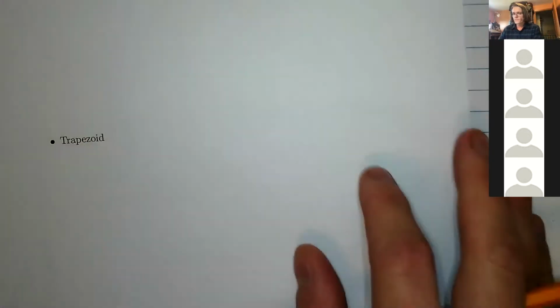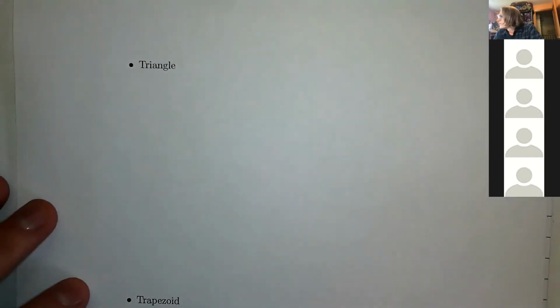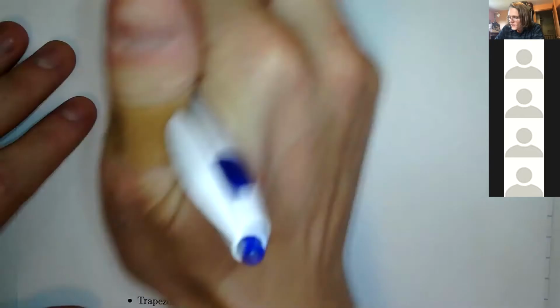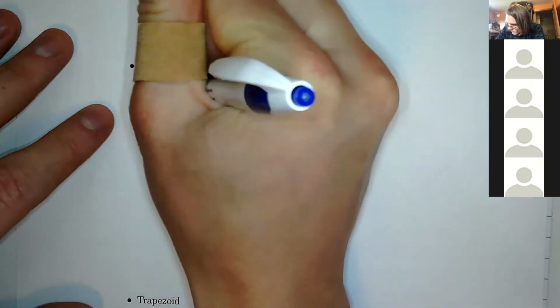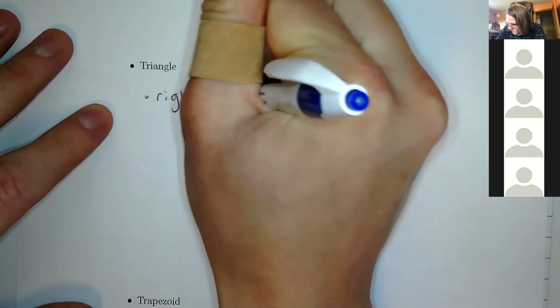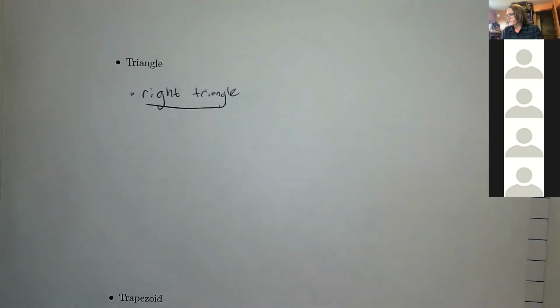Right. So for triangles, let's do a right triangle first. So a right triangle is just one with 90 degrees. And I have paper for this. That's very exciting. All right.